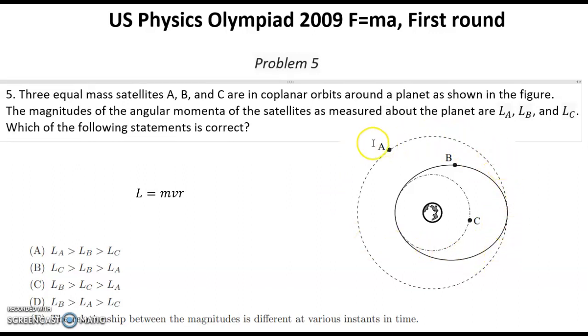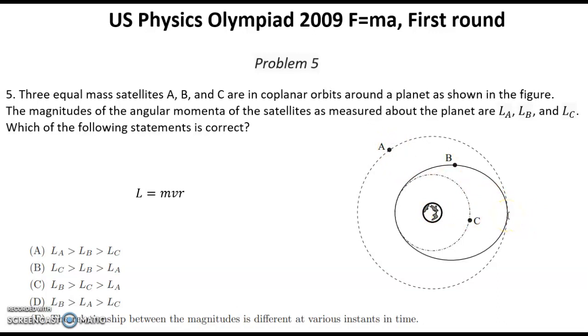So first satellite A, it has a circular orbit, and let's compare this angular momentum with the momentum of B satellite. In this point, this satellite B has less velocity than satellite A and same radius vector.